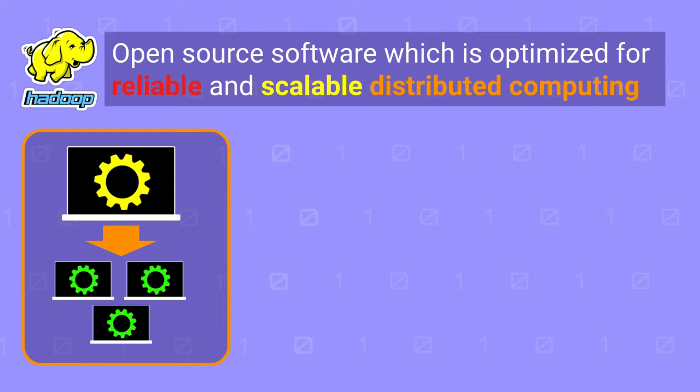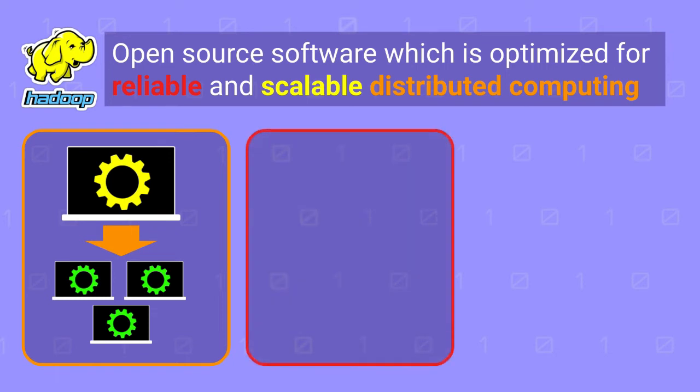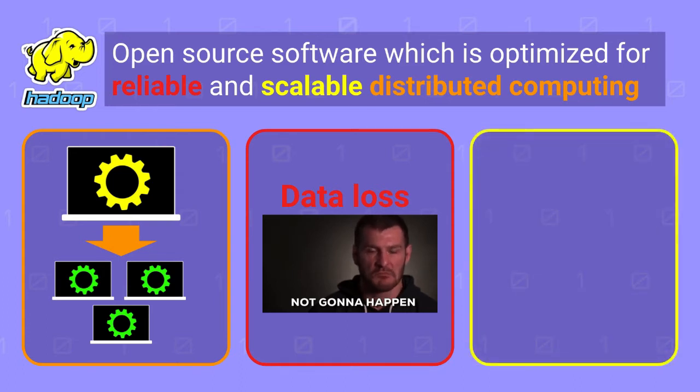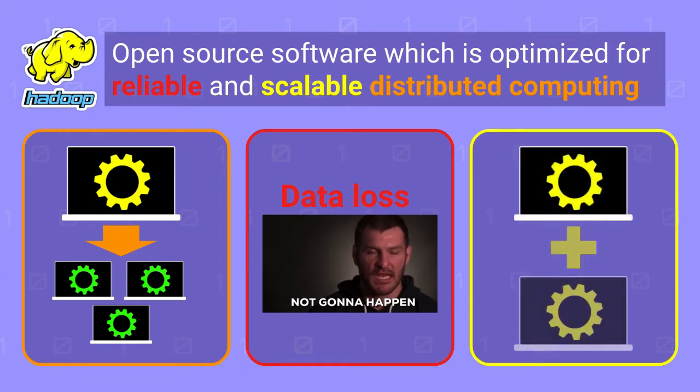It's also reliable, meaning that the Hadoop software includes mechanisms to avoid data loss, and it's a system that scales, meaning that more computers can be added to the cluster as the data grows.